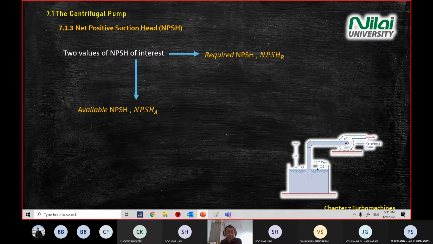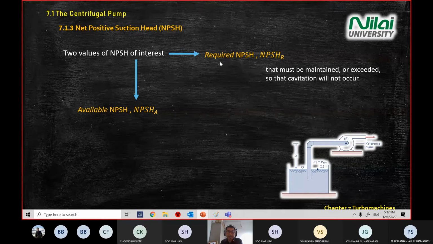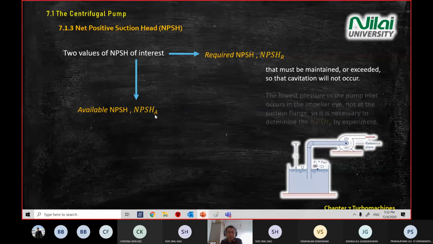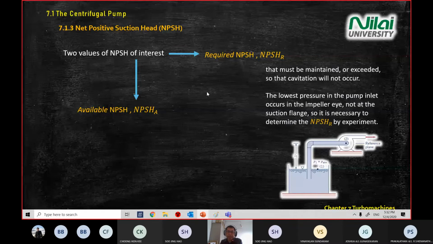Okay. There are two values of NPSH. One is called required. One is available. With a small denotation, R stands for required, and available means we will use the A. Okay.